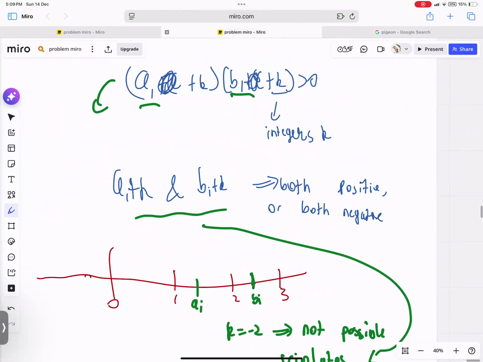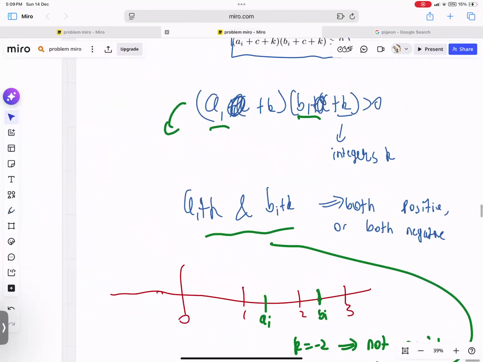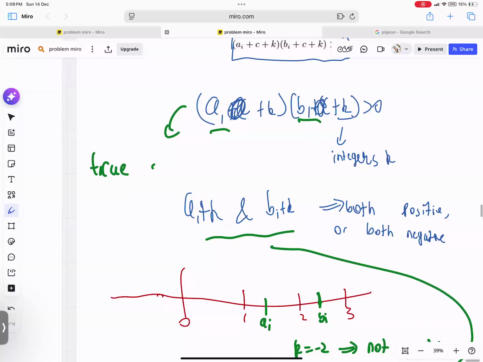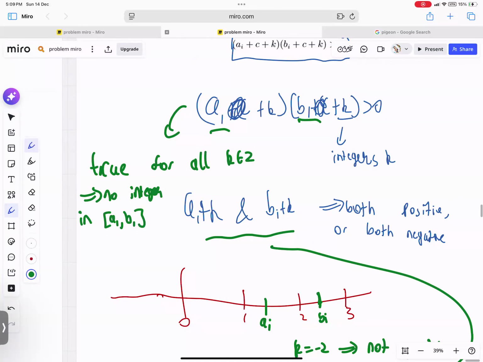This being true for all implies no integer in between. Is this fine with everyone? This is the key of the problem, realizing this.